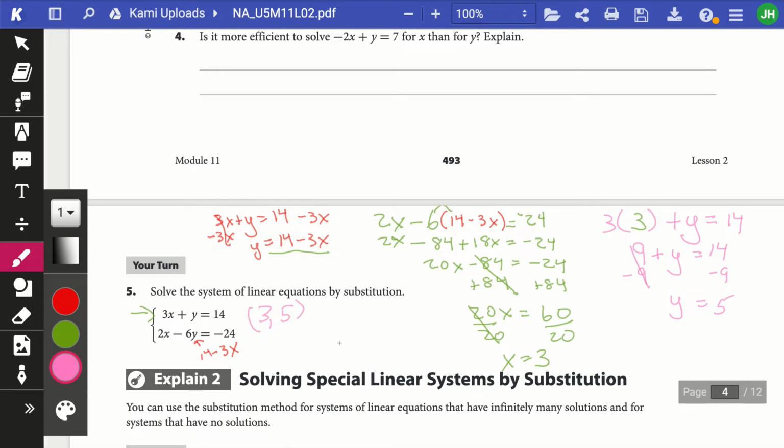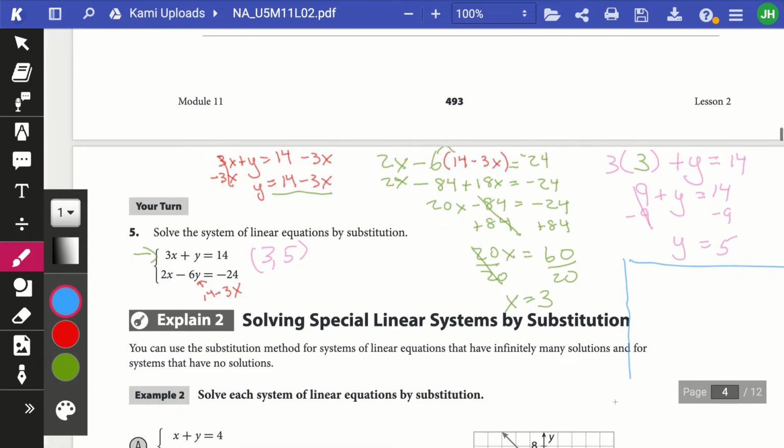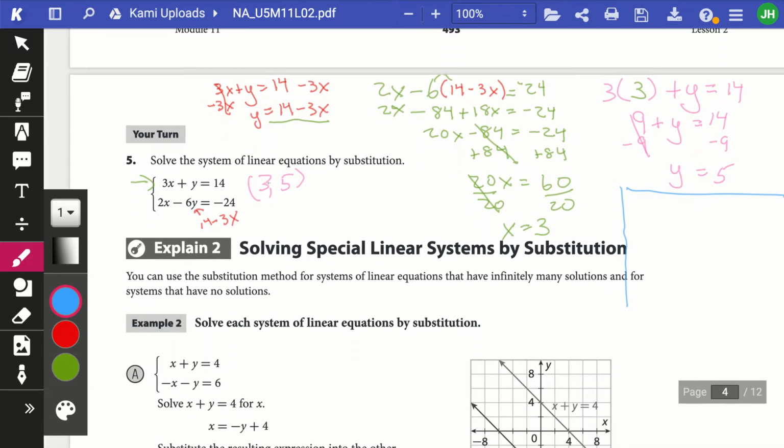One more step we need to check. So how are we going to check? We're going to take 3 and 5 and plug them in here. 2 times 3 minus 6 times 5, because x equals 3 and y equals 5, does it equal negative 24? 2 times 3 is 6 minus 30.